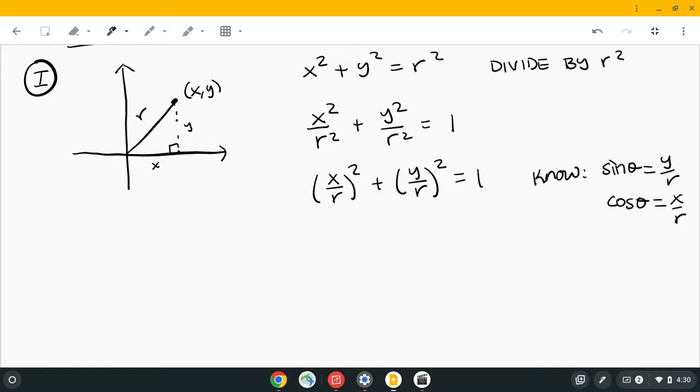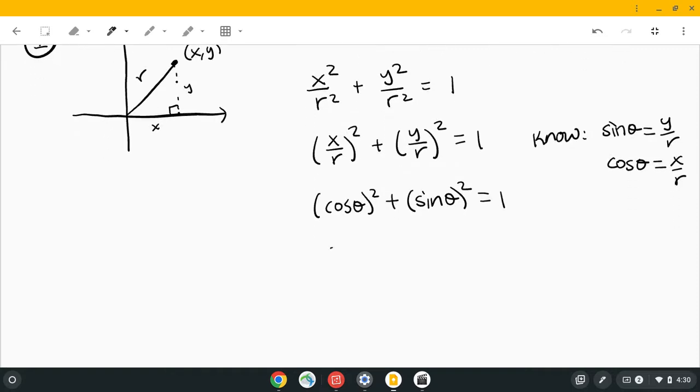So I could replace the x over r with cosine theta, and I can replace the y over r with sine theta. And there's your first Pythagorean identity.